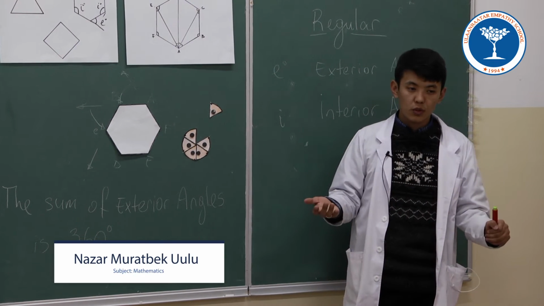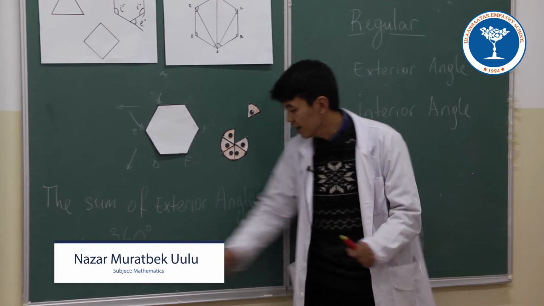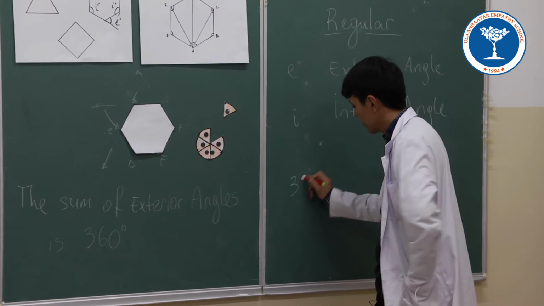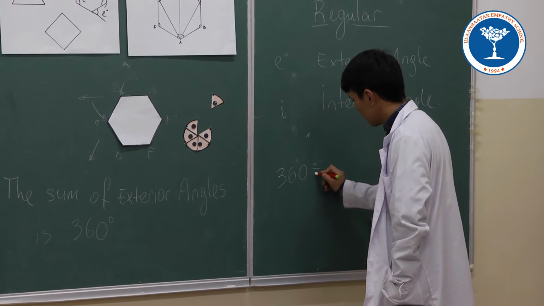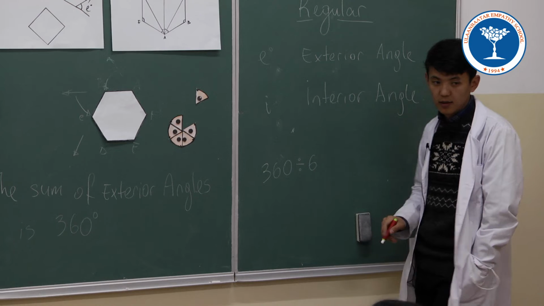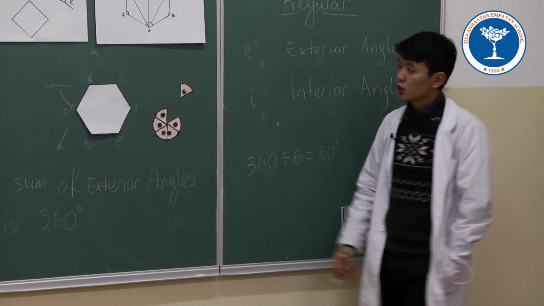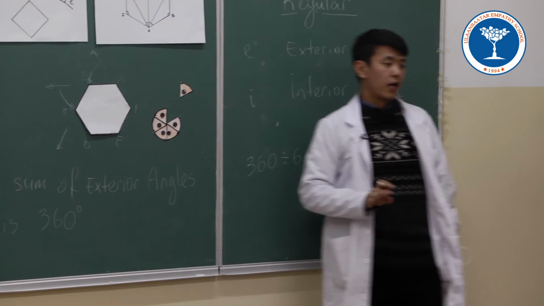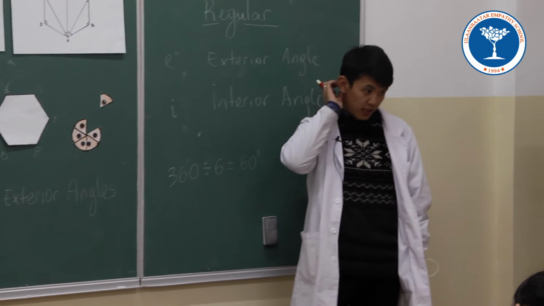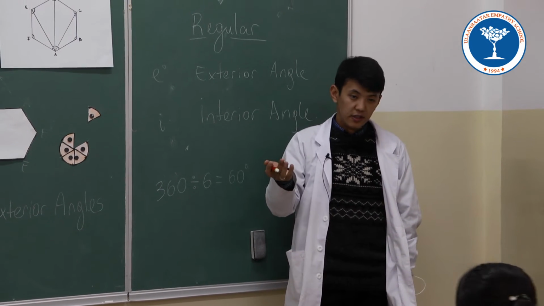So, what should we do? We just divide 360 by 6, and we will get 60 degrees.